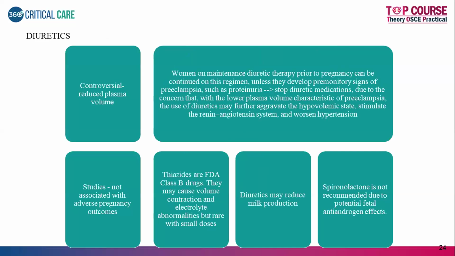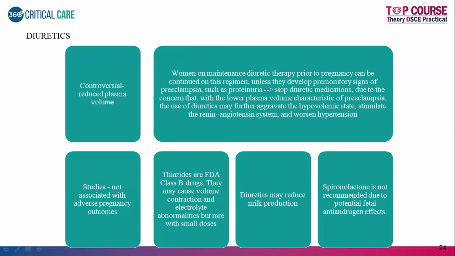Now coming to the last group of drugs, your diuretics. The use of diuretics in pregnant lady is controversial because it causes reduced plasma volume. Okay, but those patients who are already on maintenance diuretic therapy prior to pregnancy, they can be continued on this regime unless they develop premonitory signs of preeclampsia such as proteinuria.